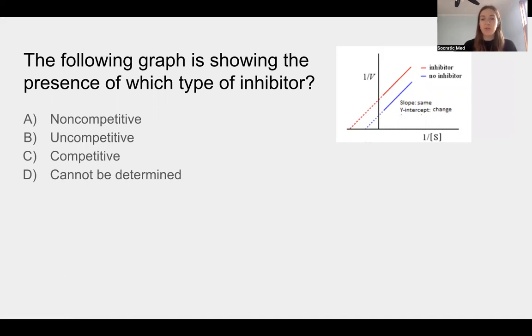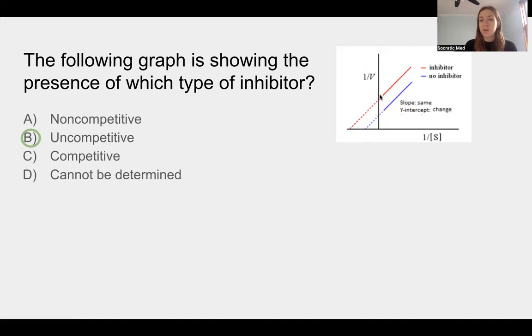All right, assuming you have answered the question, I will show the answer, which is B, uncompetitive. As you can see, the red line is the inhibitor, blue line is no inhibitor. The important thing to note here is that this is a Lineweaver-Burk plot, and we're looking at the inverse of the substrate concentration and the velocity.